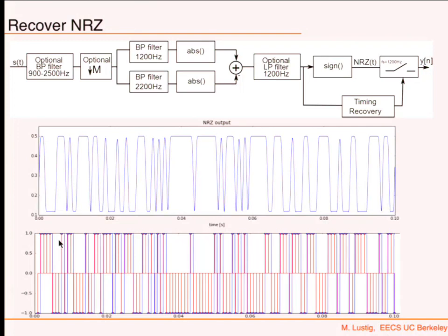And then when you take the sign and sample exactly at the bit length, at the middle of the bit, then you get the values of plus and minus ones. Now you're going to do that, and you'll have to accommodate for filter delays, how much they're delayed, in order to figure out where the sampling is.